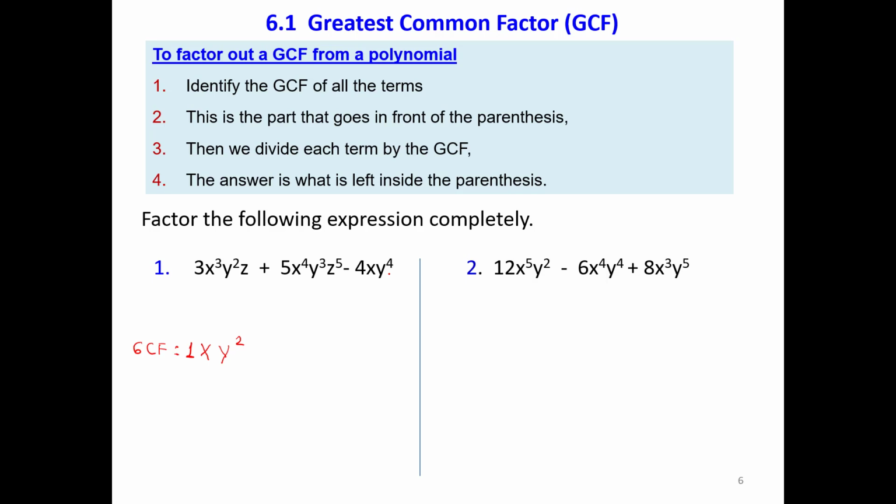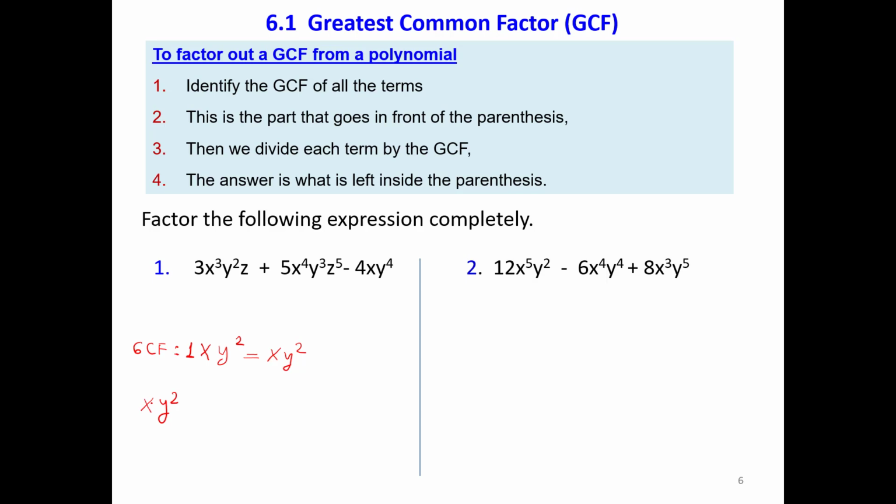We cannot write it in the greatest common factor. Then the greatest common factor is 1 x y to the second, or you can write it just like x y to the second. We know this must be in front.